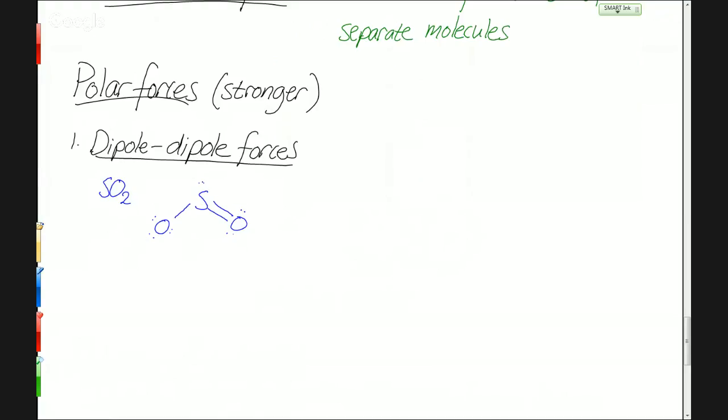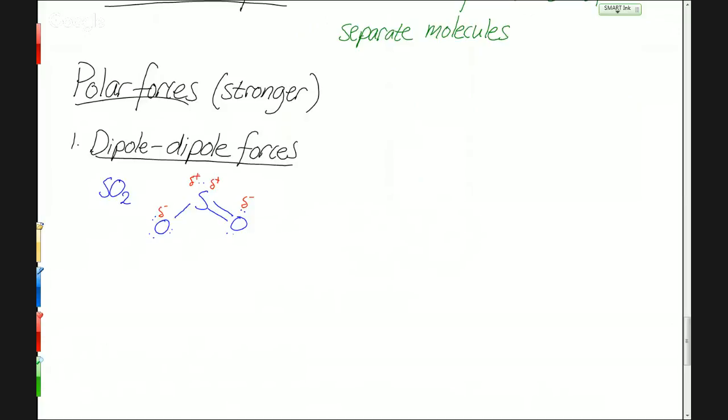All right, so that tells us that there is an electronegativity difference between S and O, which means each one of these bonds is going to have some negative down on oxygen and some positive up on sulfur. Negative on oxygen, positive on sulfur.